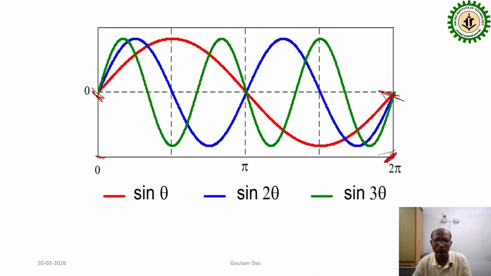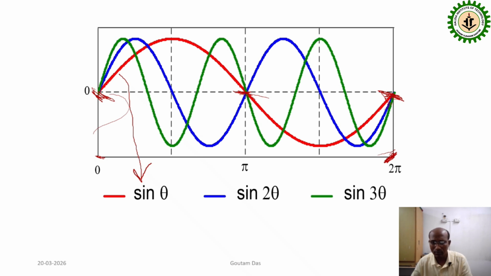Whereas if you go for the second one, the blue waveform starts from this particular point and completes one cycle here, and after this it completes its second cycle. The red waveform is represented by sin theta.